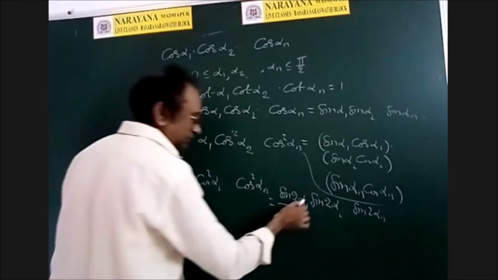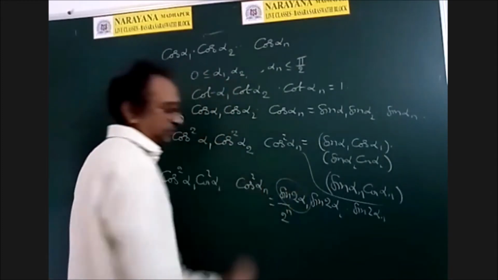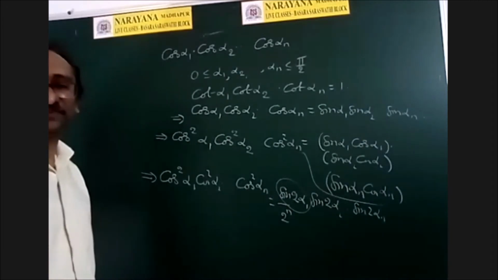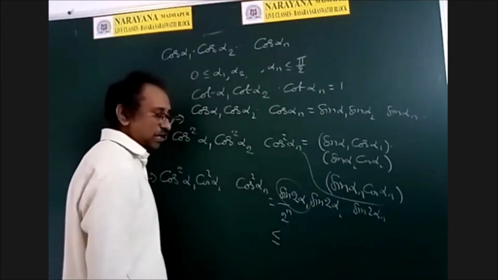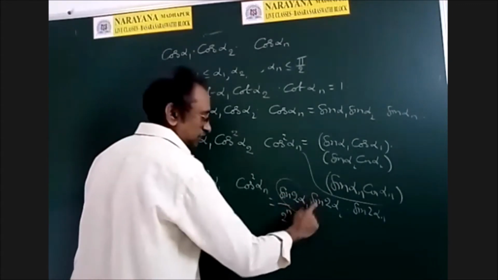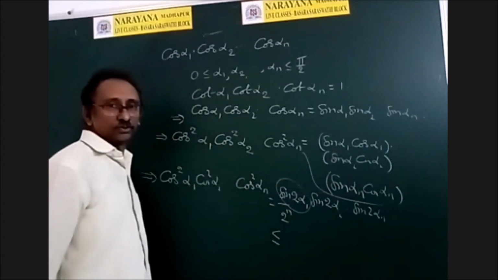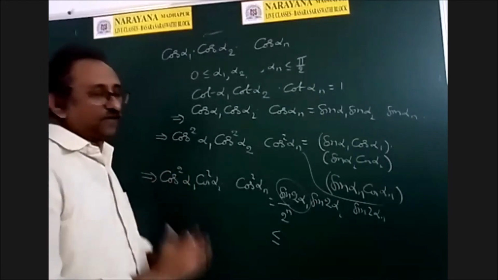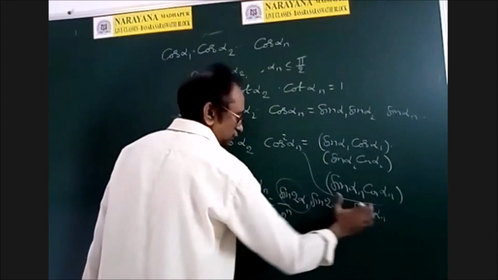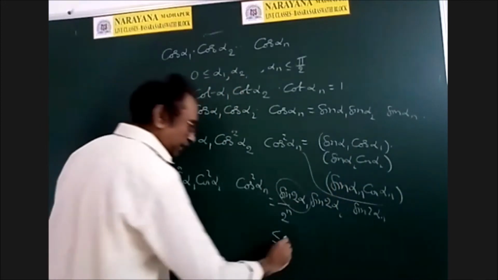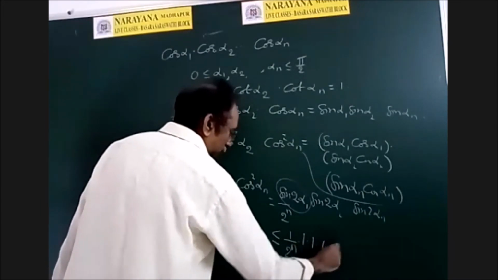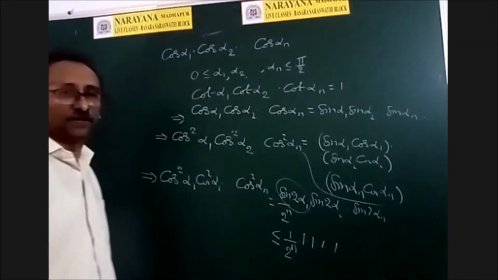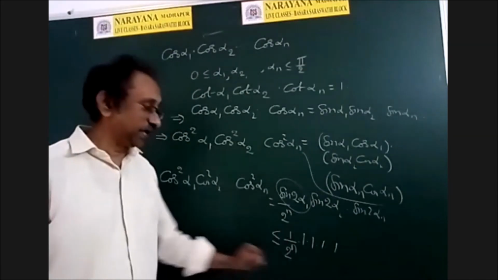And now tell me what is the maximum value of sin? The maximum value of sin is 1 only. Therefore, this is less than or equal to, this may be 1, this may be 1, this may be 1. So we want maximum value. Therefore, if this is 1, this is 1, this is 1, we get the maximum value. That is 1 by 2 power n into 1 into 1 into so on n times. That is nothing but 1. Therefore, this is 1 by 2 power n.